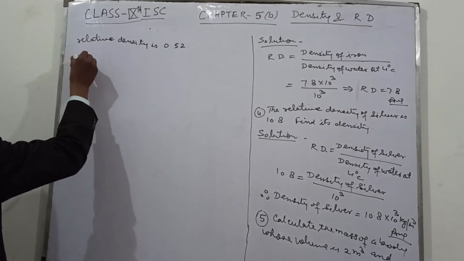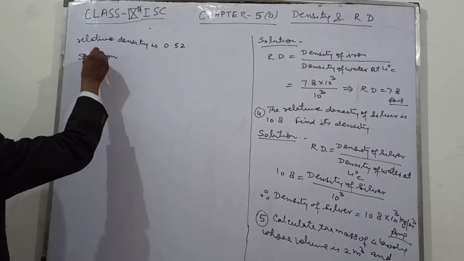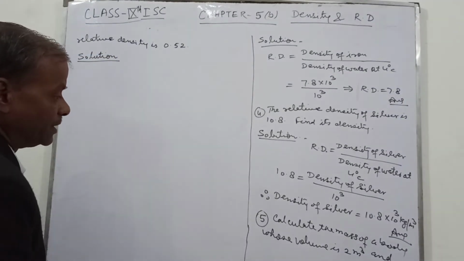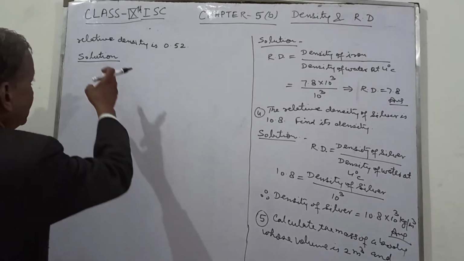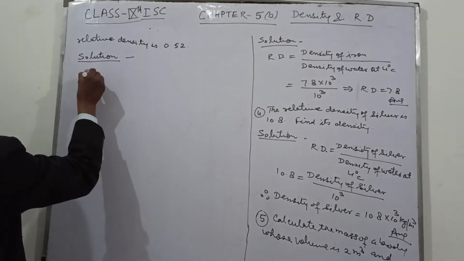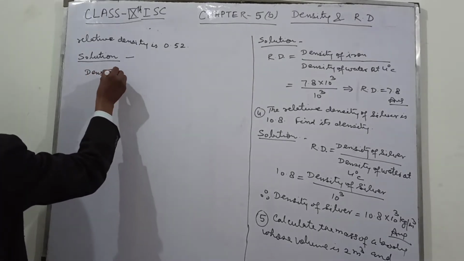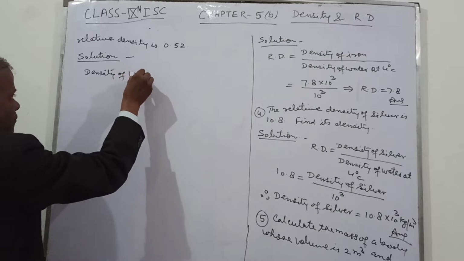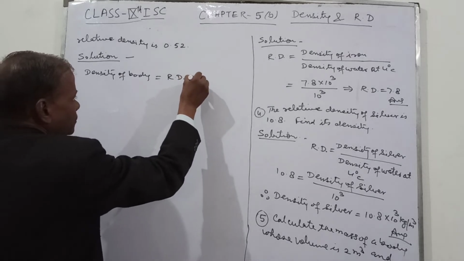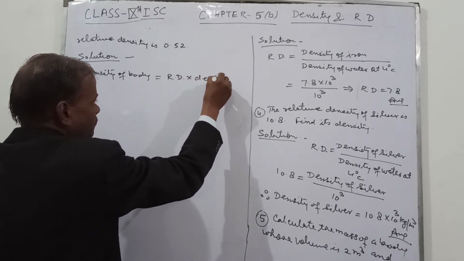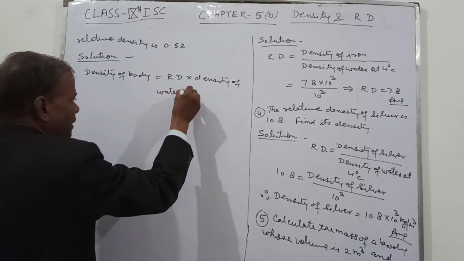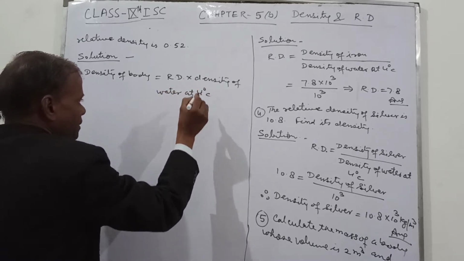Now the solution to this: you have to find the mass; volume is given, relative density is given. So the density of the body equal to RD into the density of water at 4 degrees Celsius.